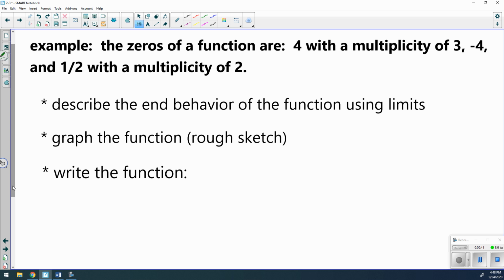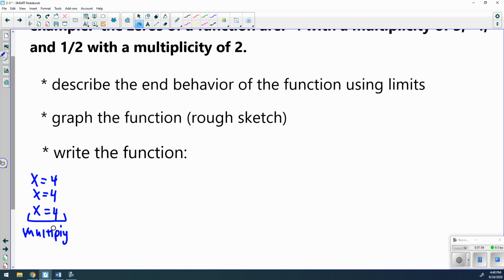So I'm going to begin by listing the zeros. x is equal to 4, a multiplicity of 3. Now, we didn't talk last time about what multiplicity means when the multiplicity is odd.